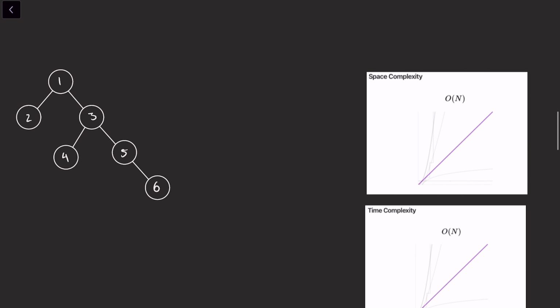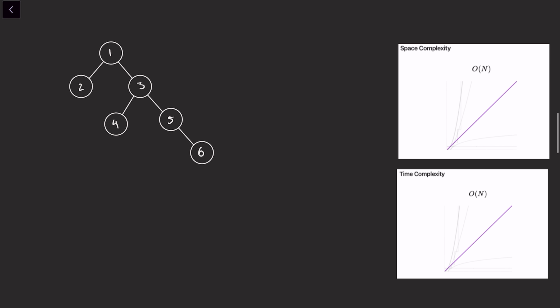And now, what is the space complexity and the time complexity? They will be O of n. This is because we will be going through each node on the tree exactly once through recursive travel. Therefore the time complexity is O of n.